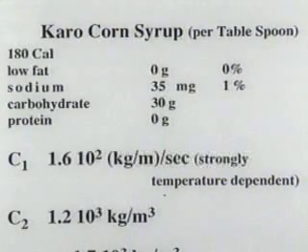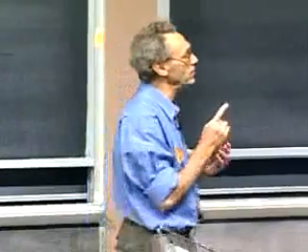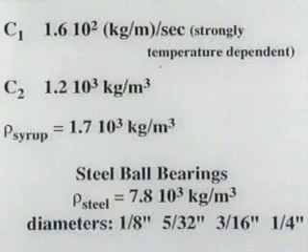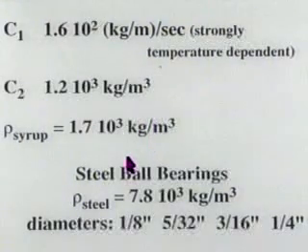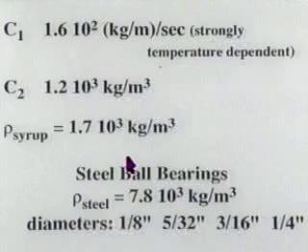I had to know C1, which I measured. In fact, the kind of demonstration you and I will be doing today, you can derive it, but it's very strongly temperature dependent. It could be different yesterday from today. I measured C2 to a reasonable accuracy. Notice that the density of the syrup, in terms of kilograms per cubic meter, is very close to C2.